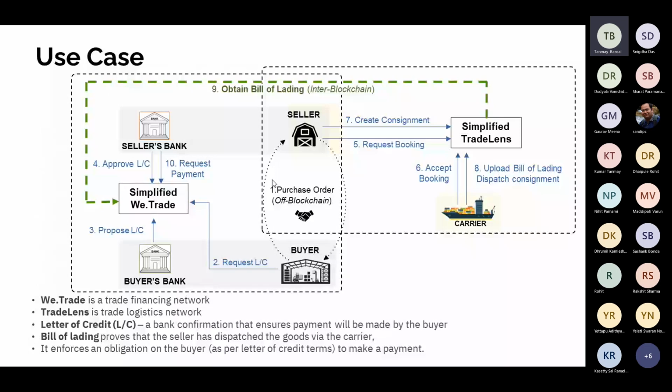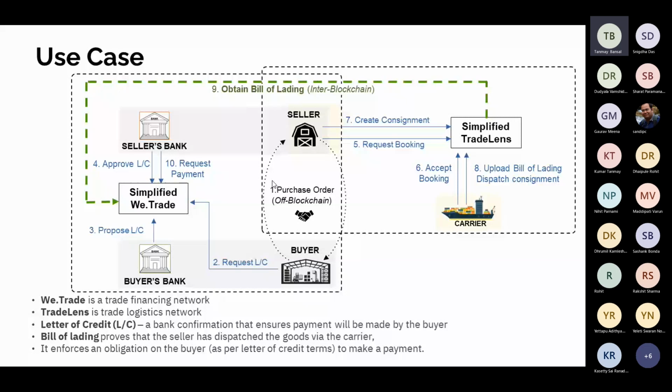Now what it does is just give us a simplified view of that, with all the frills cut off, so that we can focus on the transfer part only. That's why it's called simplified we.trade, or SWT, and the other one is simplified TradeLens, or STL. This is just to show that the real ones have more features and functionality, which we are not referring to here.